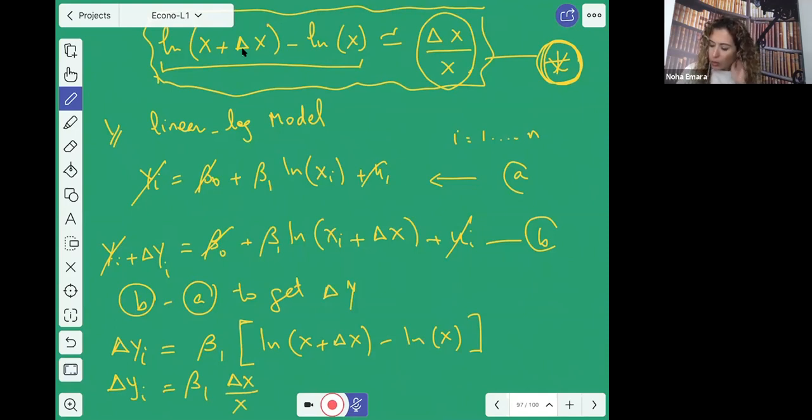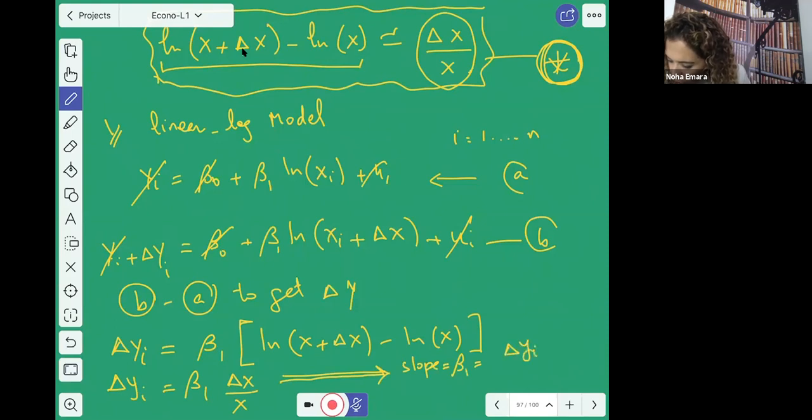And now we come to the final point, which is my interest: what about the slope? The slope, which is beta 1, is equal to, just solve for beta 1, the change in y_i because of the percentage change in x_i.